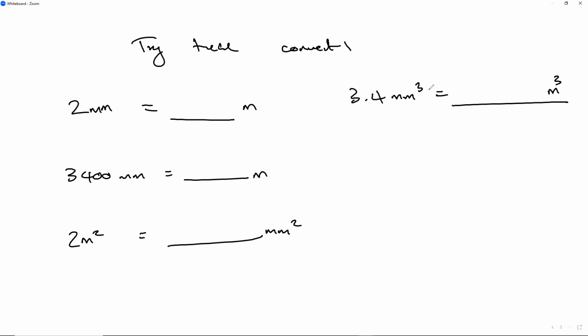All right, you might get some really small numbers, some weird numbers. Try these for now. Question 1, 2, question 3, and question 4.